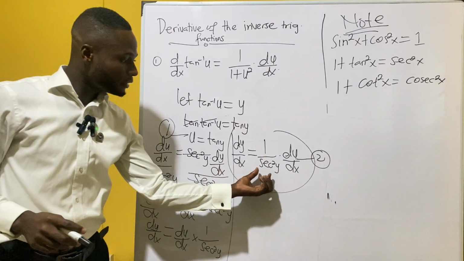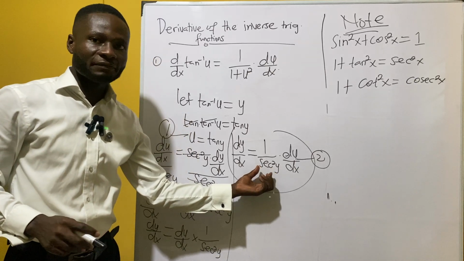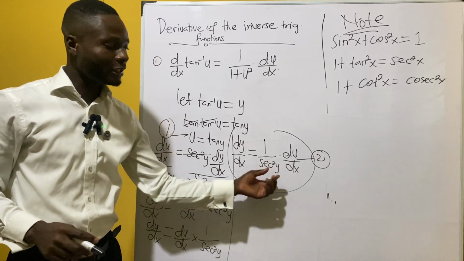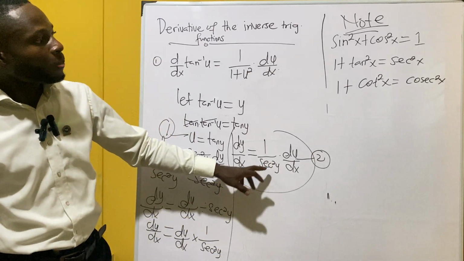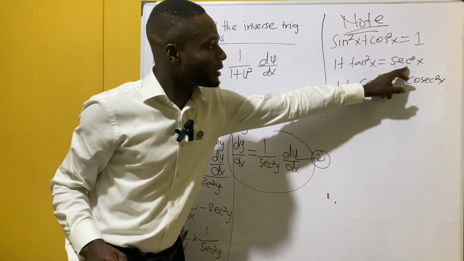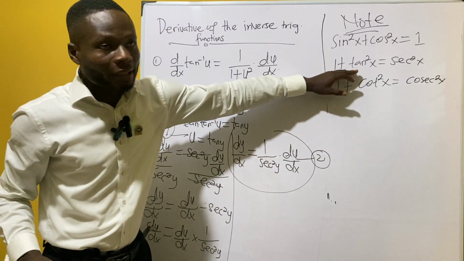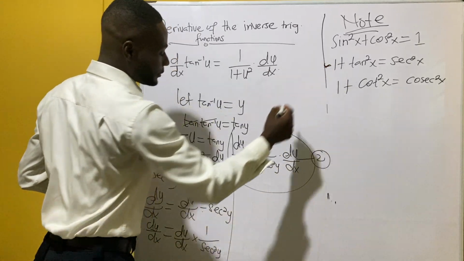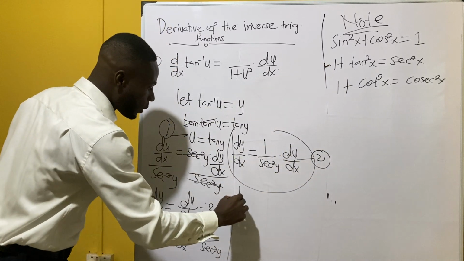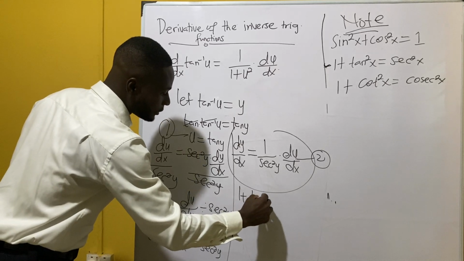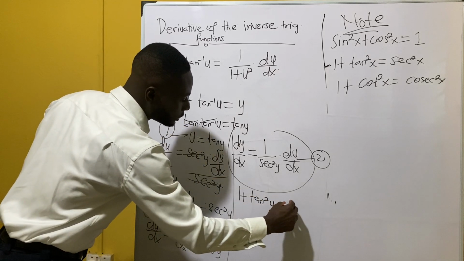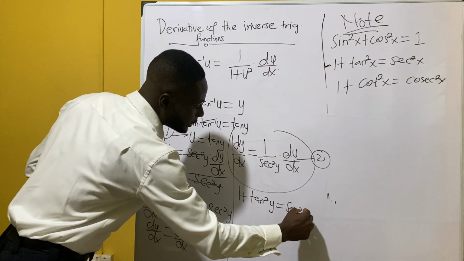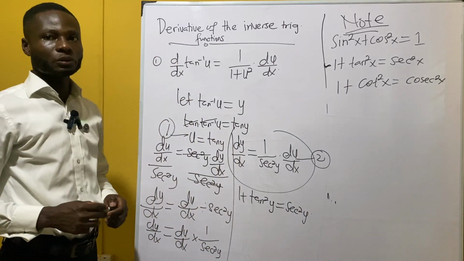So now let's look for an identity that can fit this particular one, right? When we look for an identity, we can see that there is a sec property here, right? So we use the second identity, right? So we have 1 plus tan squared y should be equal to sec squared y, right?